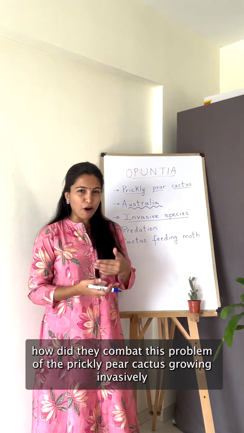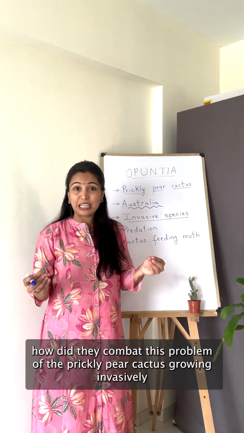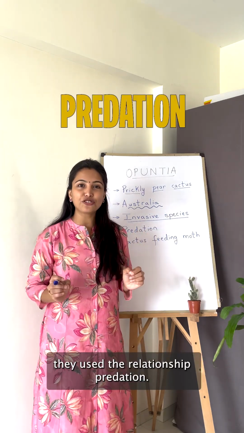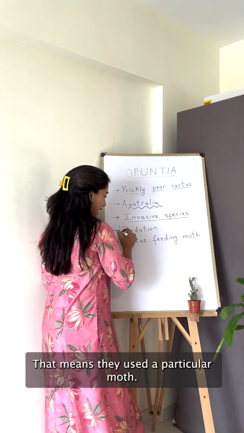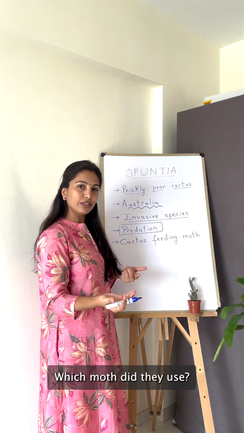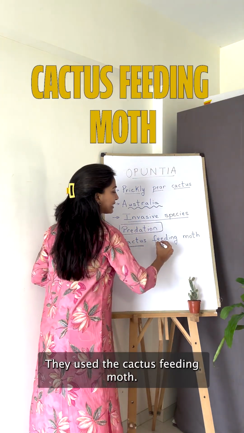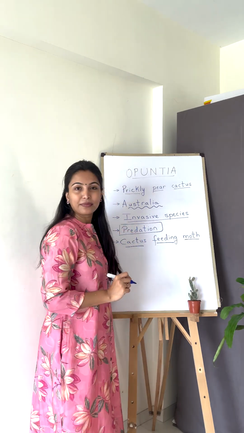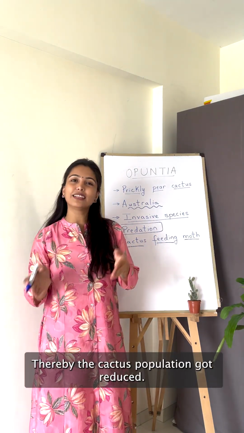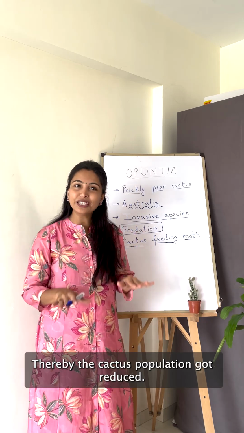So do you know how they combated this problem of the prickly pear cactus growing invasively? They used the relationship predation. That means they used a particular moth. Which moth did they use? They used a cactus feeding moth. This moth started feeding on the cactus, thereby the cactus population got reduced.